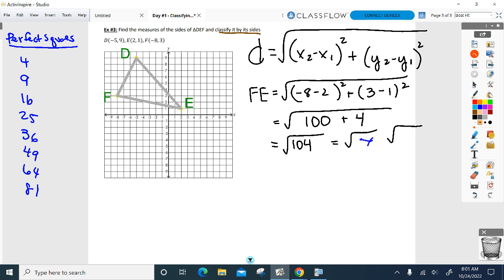And what did we have to multiply 4 by? 26. So in simplest radical form, 104 breaks down into, what's the square root of 4? There's a reason why you pick a perfect square, to take the square root. Square root of 4? 2, just 2. And then the radical 26 comes into your answer. So there's FE.